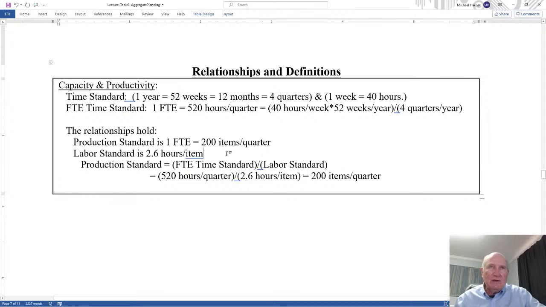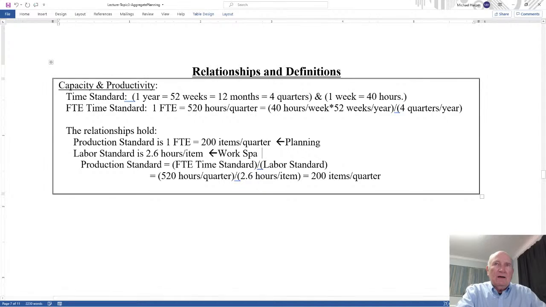So the labor standard here looks at the worker, or the workspace. Up here, the production standard looks at the planning.